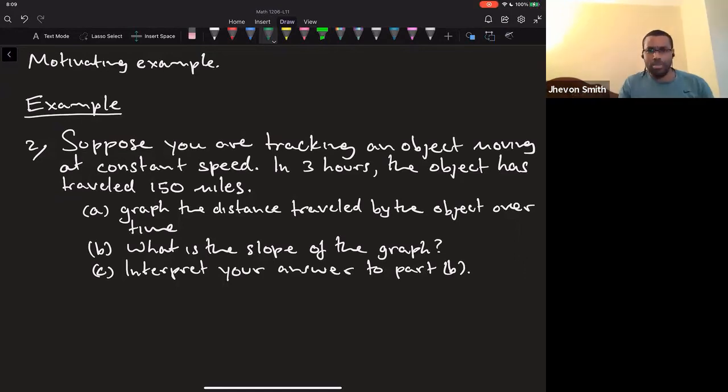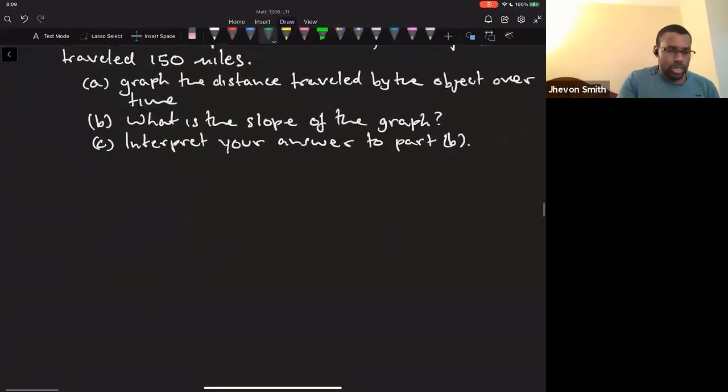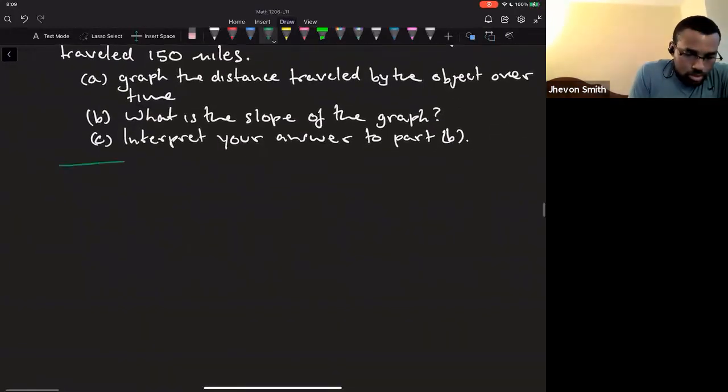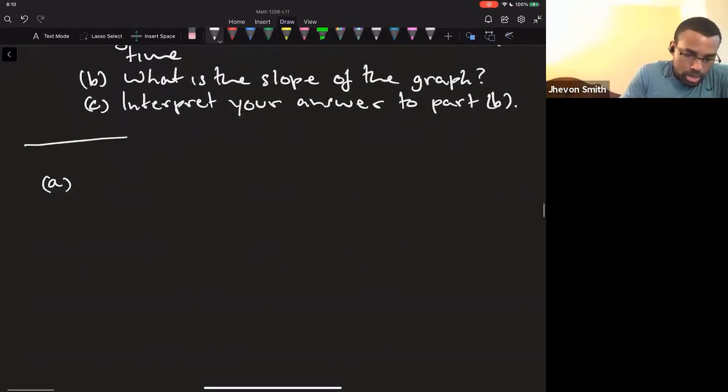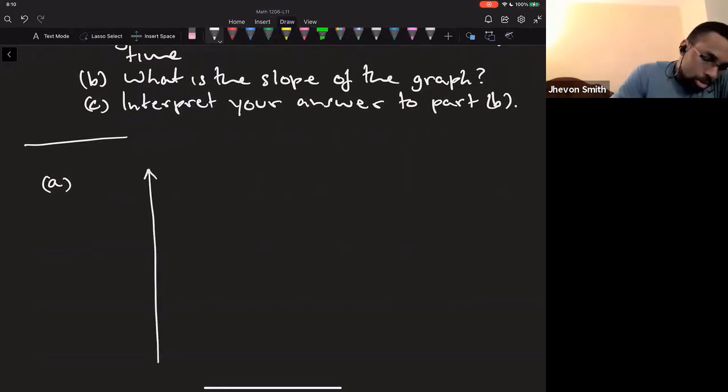So let's first graph it. Graph the distance traveled over time in the correct color. So here, notice that we'll have this. Let me put that distance in miles.